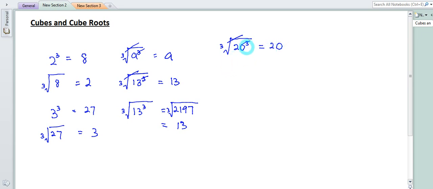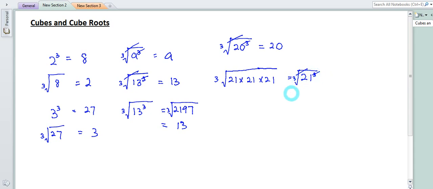Sometimes the question will not be given in this form. Let me give it this way, like 21 times 21 times 21. Okay, so what is the answer? Let's say if you don't want to use the calculator, what is the answer? These three are the same number, right? Okay, we know this is actually equal to cube root of 21 to the power of 3.